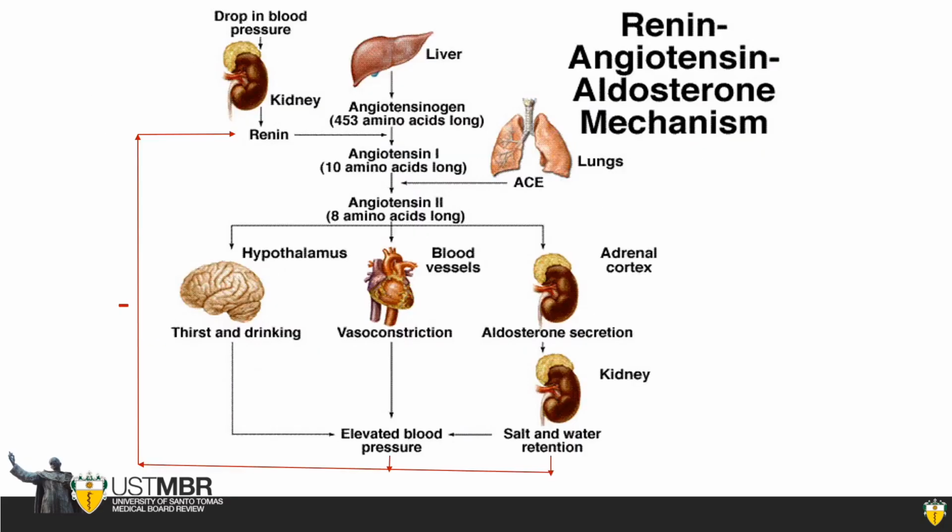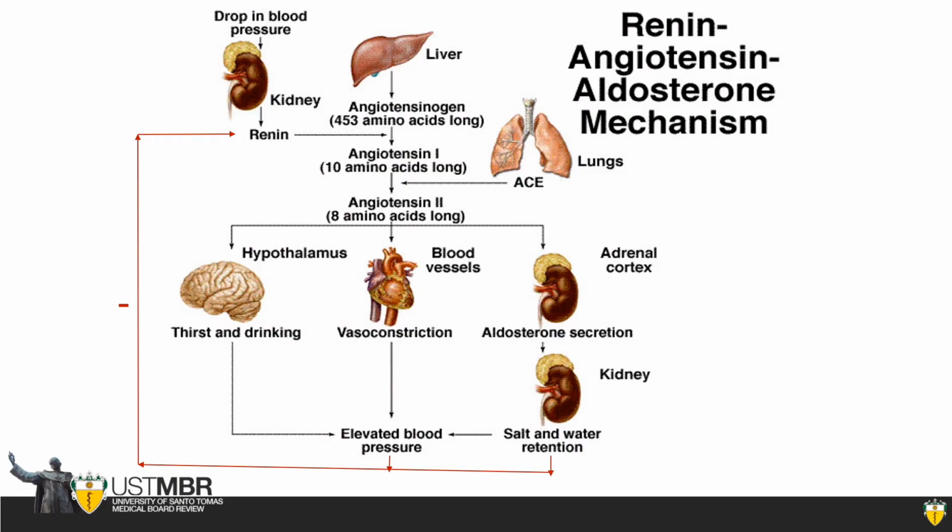So let's talk about aldosterone first. Aldosterone is regulated by the renin-angiotensin aldosterone system. For example, if you have low blood pressure or low sodium, renin will be activated, and the whole system will activate.